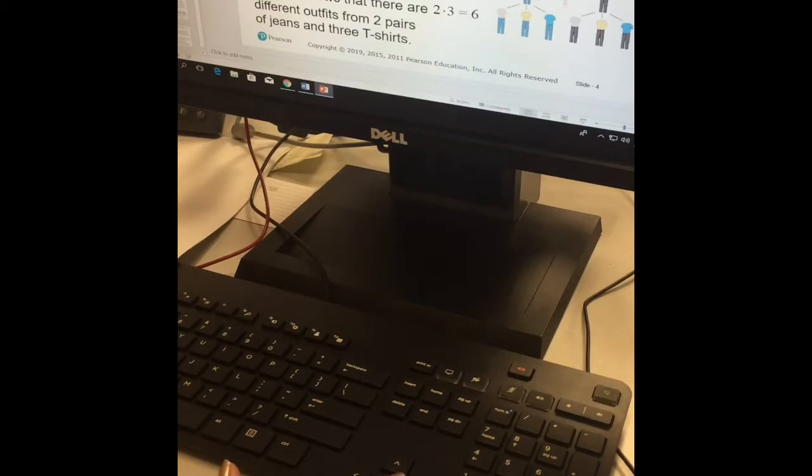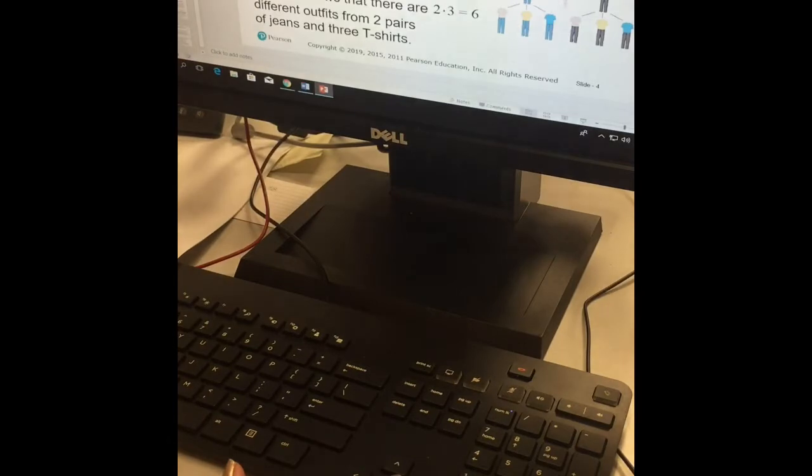So there's an example here, and we've all done this before in a sense. We're looking for an outfit. We want to choose a pair of pants and a top. And so in this case, we want to know how many possible combinations of those different pairs of pants and those different tops we will have.